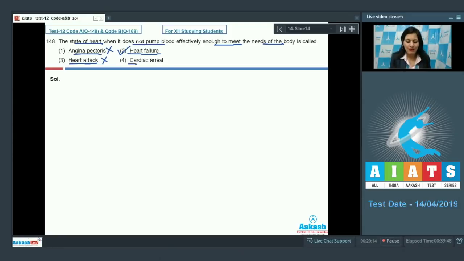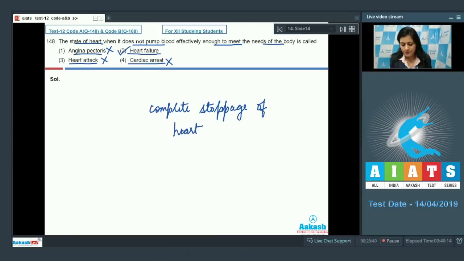And the last option is cardiac arrest, and this cannot be a correct answer because cardiac arrest is complete stoppage of heartbeat. So the correct answer to this question is option number 2. Let's discuss our next question.